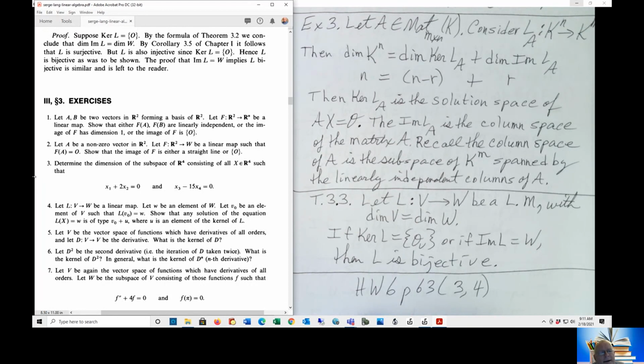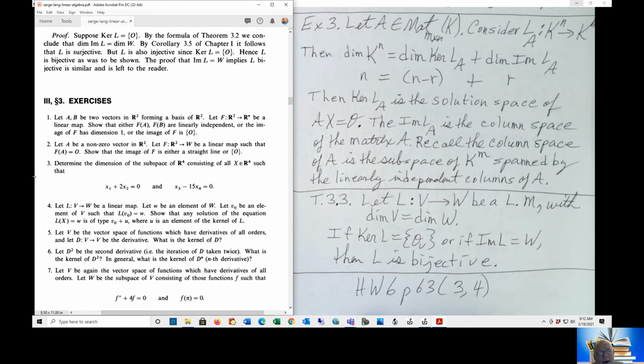Show then that any solution of the equation L of x equals w is of the form v naught plus u, where u is an element in the kernel of L. Now it's very important, and it goes back to looking at non-homogeneous linear systems, AX equals B, and the format of their solutions.